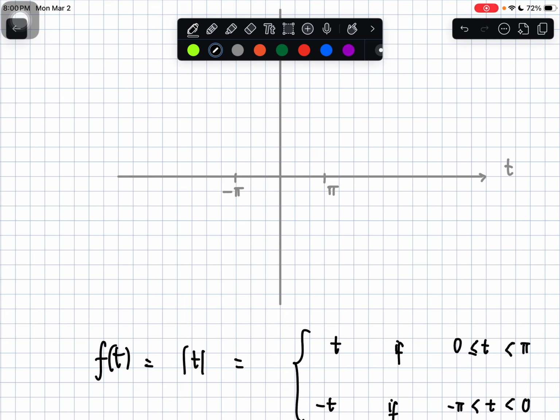f(t) equals t for t positive. So here's pi. f(t) equals minus t when t is negative. So it looks like this. And you copy the pattern.